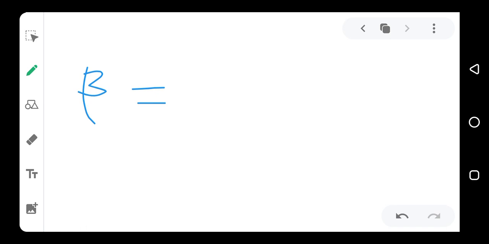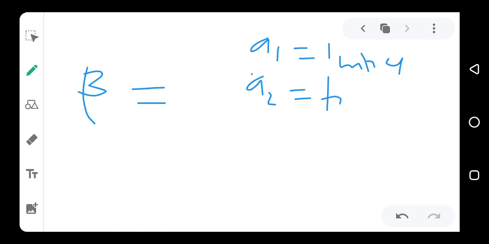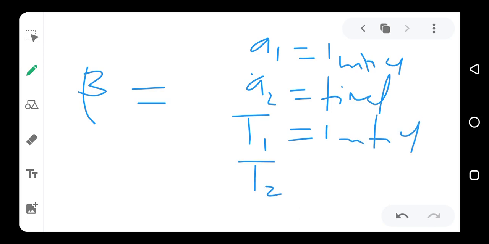So, assuming that we denote area with A, let's say that the initial area is A1, initial area. Then we have A2 as final area, then T1 as initial temperature, and T2 as final temperature.